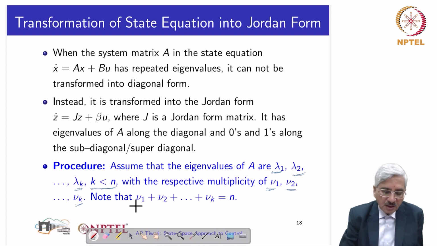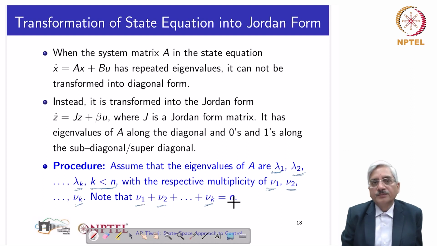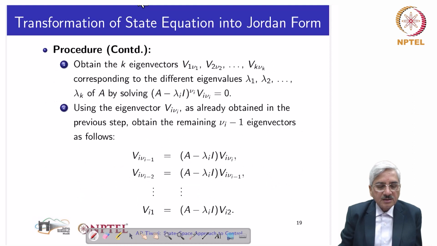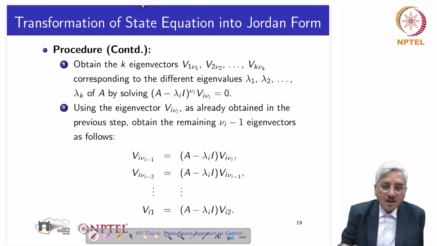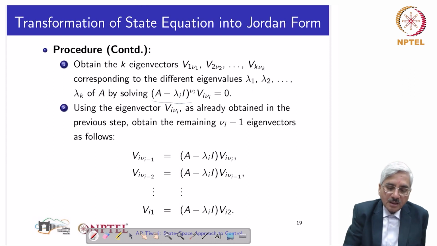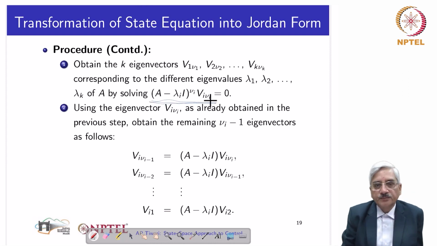And of course, if you add nu 1, nu 2, etc., you will get n. With this, we obtain the k eigenvectors corresponding to the k eigenvalues lambda 1, lambda 2, etc. up to lambda k by setting up and solving this equation.